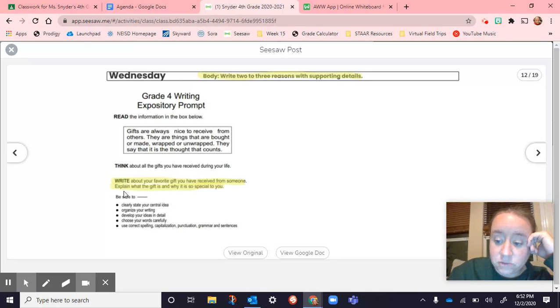That's one part. And then the second part is why it is so special to you. So the body can consist of 2 paragraphs, one being about what the gift is, and then the second paragraph of the body could be about why it's so special to you. So just really looking at this and making sure that you're addressing it.